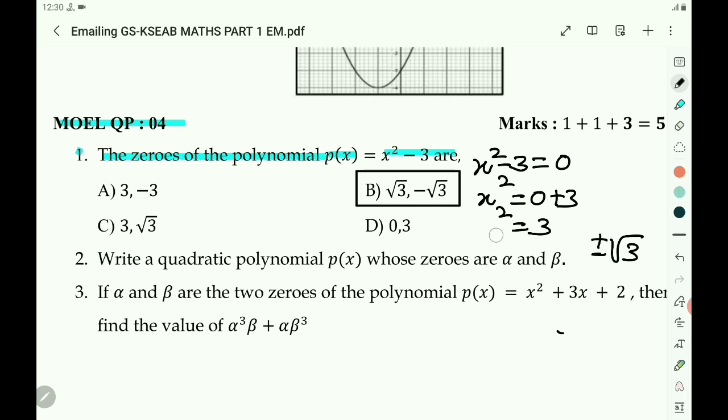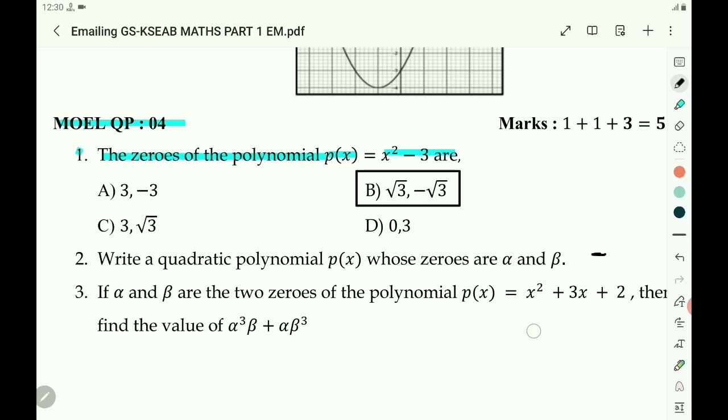Then you take the second question. Write the degree quadratic polynomial p of x whose zeros are alpha and beta. If alpha and beta are the zeros, then the quadratic polynomial is x square minus alpha plus beta into x plus alpha beta.